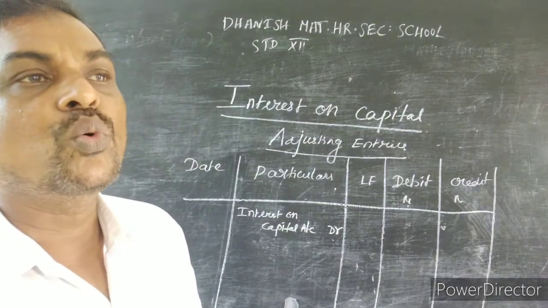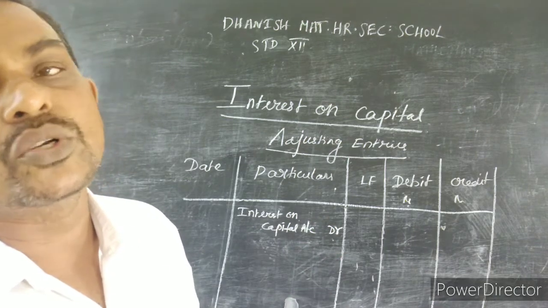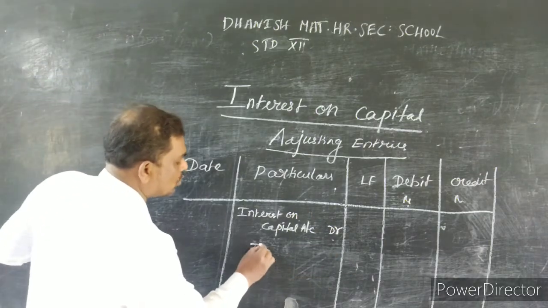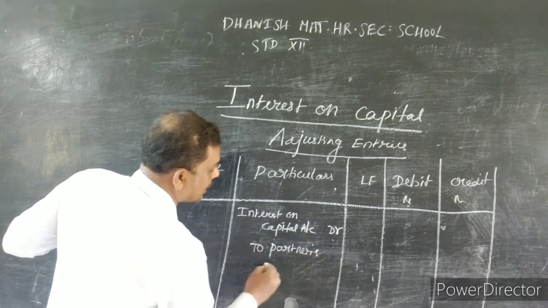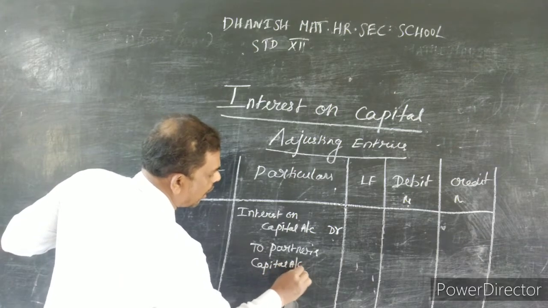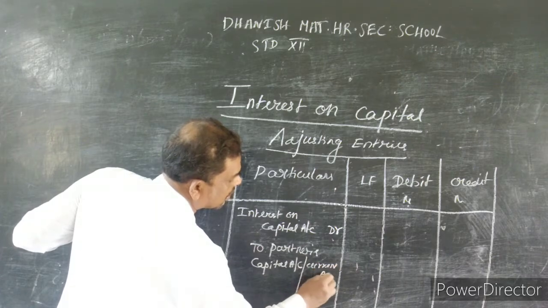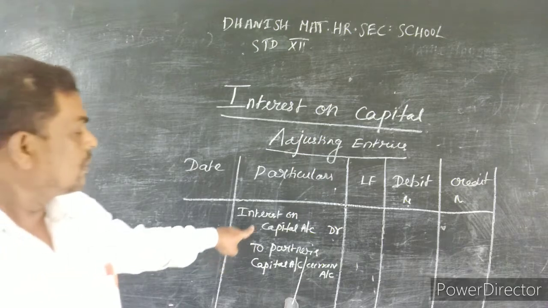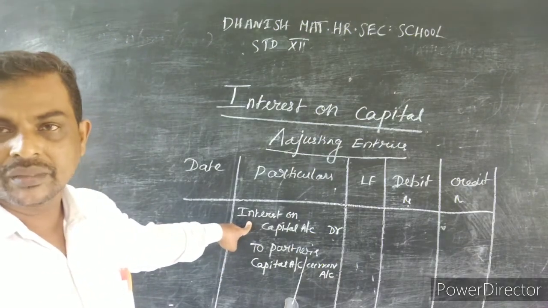Second, whichever partners get this interest, their capital account should be credited. That is, to partners' capital account. The interest on capital is an expense, that is why we have debited.